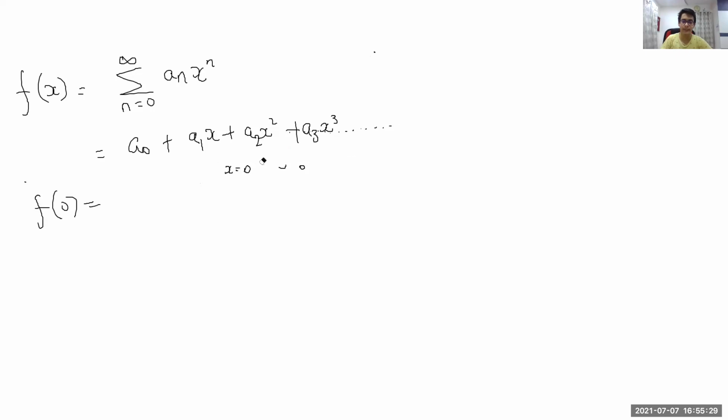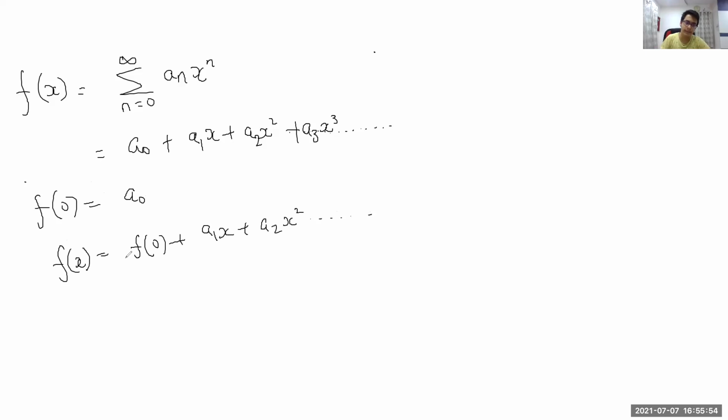So we can say that f of 0 is a naught, which is our first coefficient. Now I'll just put that here. So f of x is equal to a naught, which is f of 0, plus a1x plus a2x squared and so on.